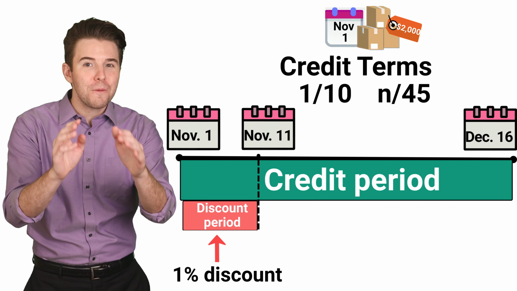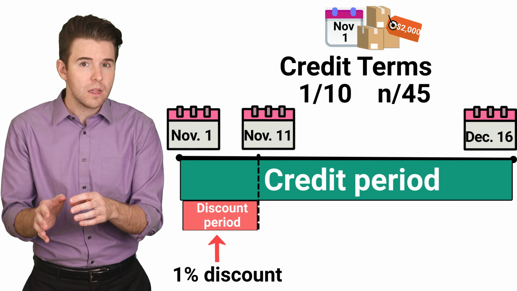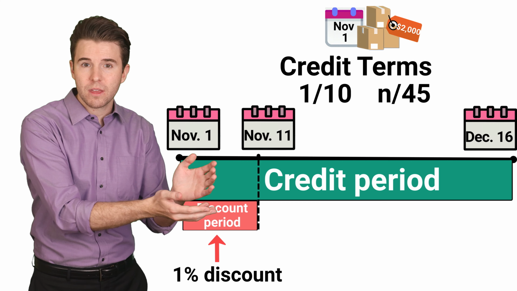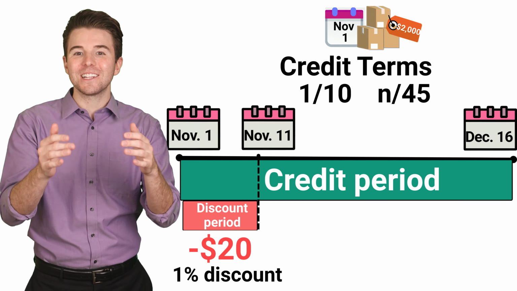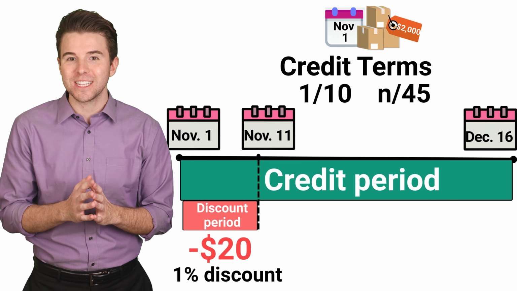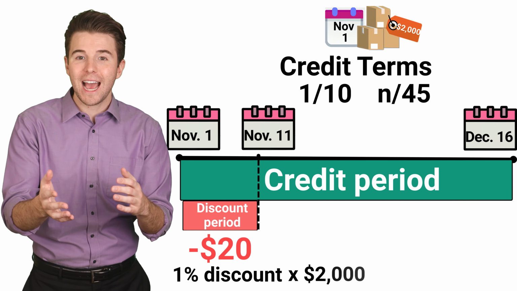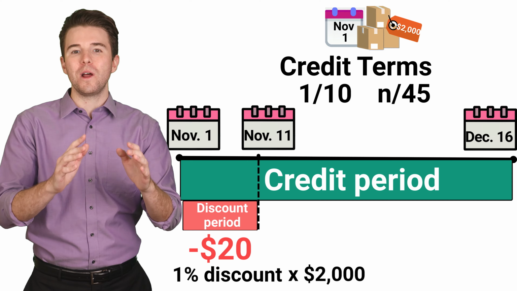So, if we pay sometime between November 1st, the purchase date, through November 11th, we take a $20 discount and pay $1,980 cash. This discount was computed as $2,000 multiplied by 1%.